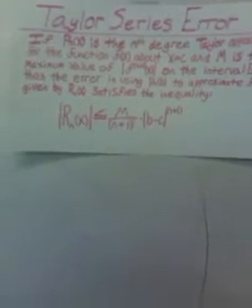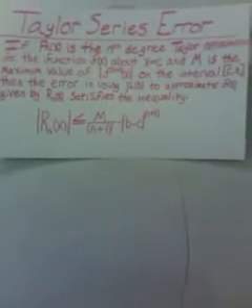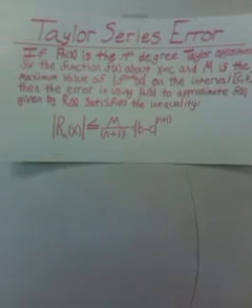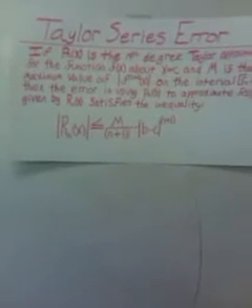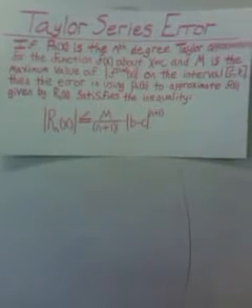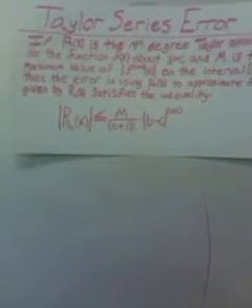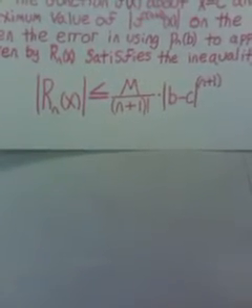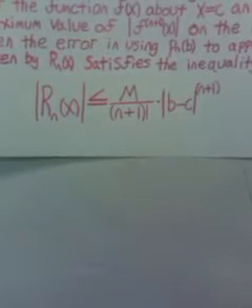Then the error in using Pn of b to approximate f of b, represented by Rn of x, satisfies the inequality. The absolute value of Rn of x is less than or equal to m, the maximum value of our n plus 1th derivative of f of x, over n plus 1 factorial times the absolute value of b minus c to the n plus 1 power.